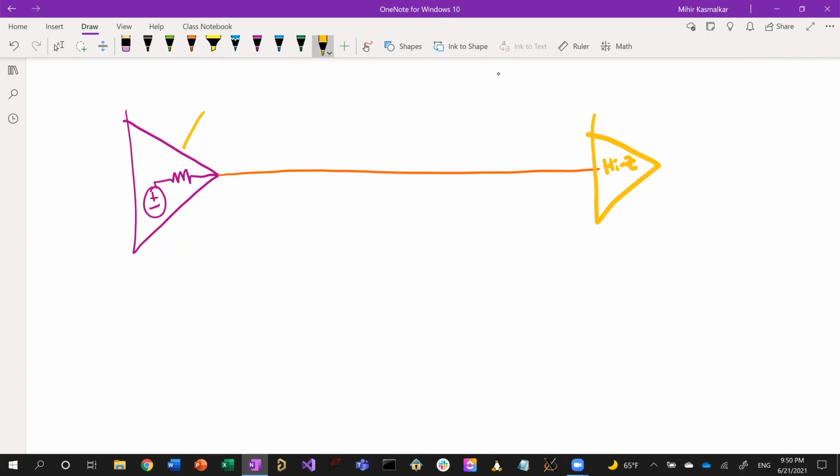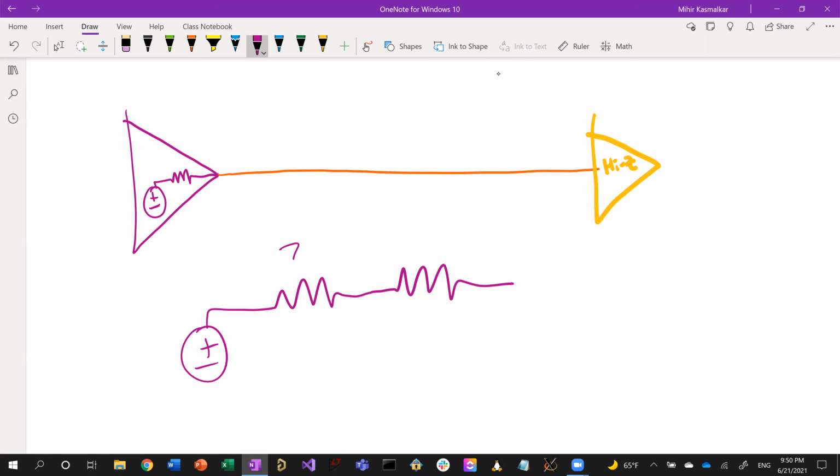The source impedance is going to be lower than the transmission line impedance, significantly lower. And if you think about why that has to be, think about it as a voltage divider. You have your signal voltage, and you have essentially two impedances: the source impedance, ZS, and the transmission line impedance, Z0.